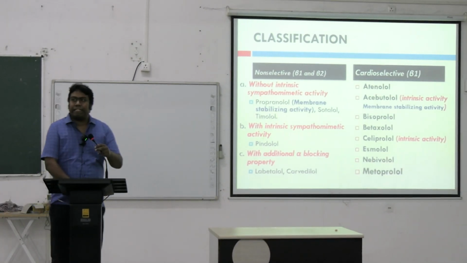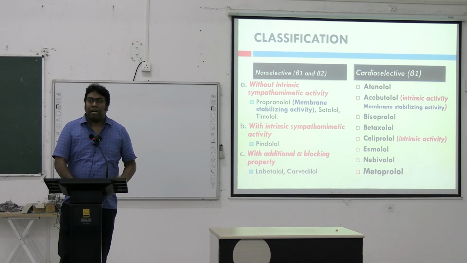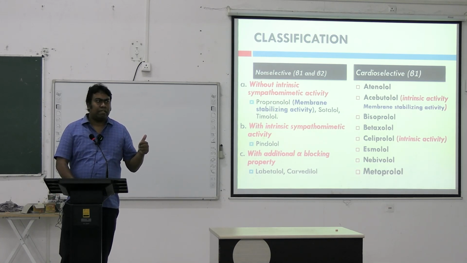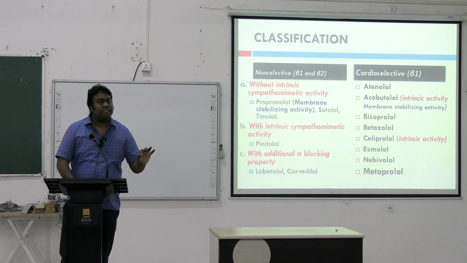Beta receptors are present in what? Heart, kidney. So how many are there? Beta 1, beta 2. Beta 1 is present in the heart and JG cells in the kidney.